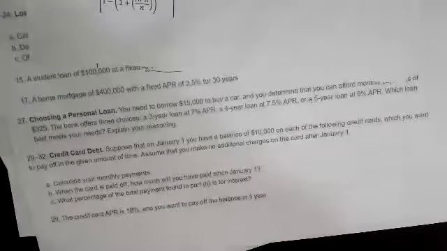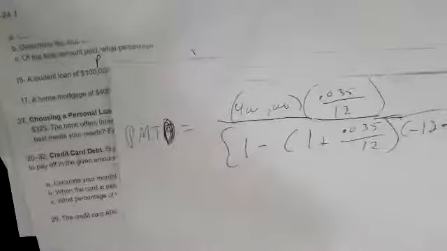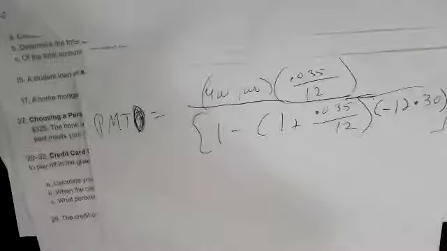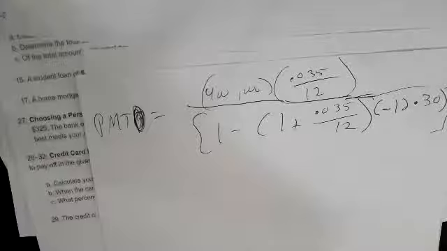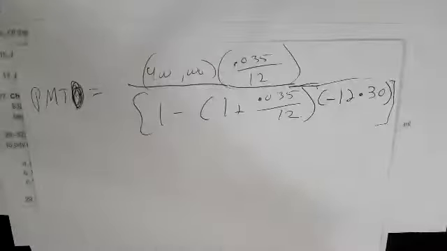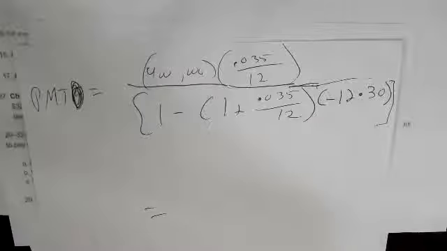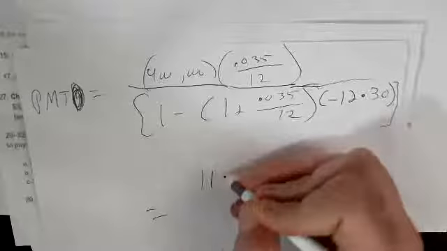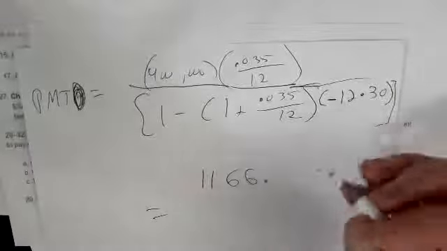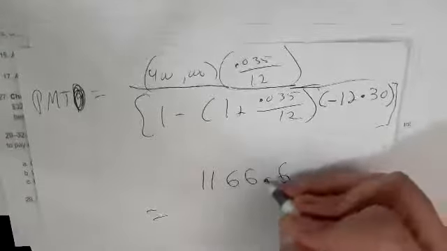Today, oh, it's 15, right? Yeah, okay. What is this giving? So I think I'm going to shortcut this a little bit. We've done a few of these. I'm getting 1166.6 repeating on top.